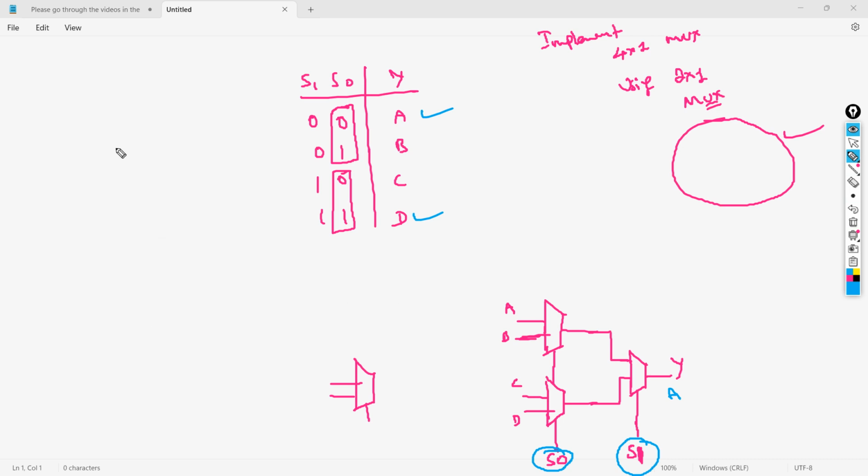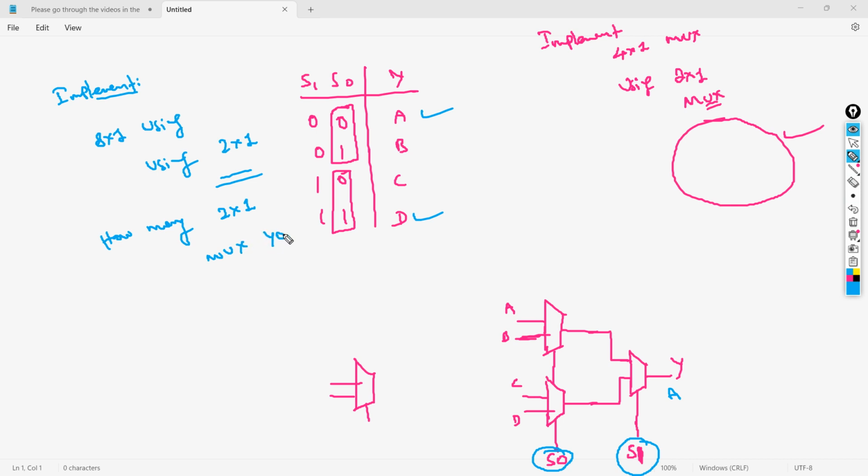Now let me give you a small homework. Implement an 8 cross 1 mux using 2 cross 1. Now my question is, how many 2 cross 1 muxes do you actually need?